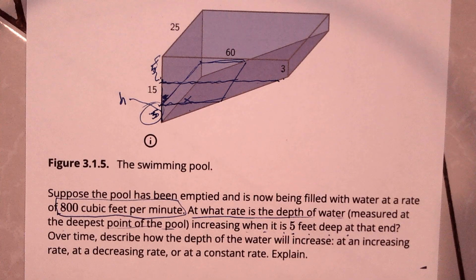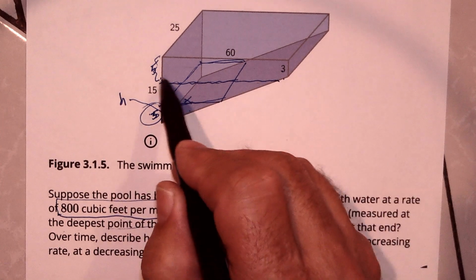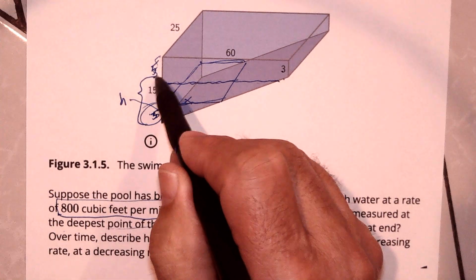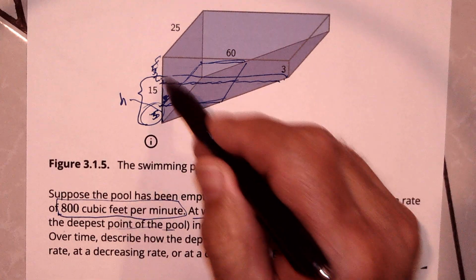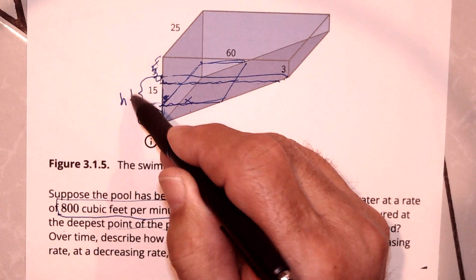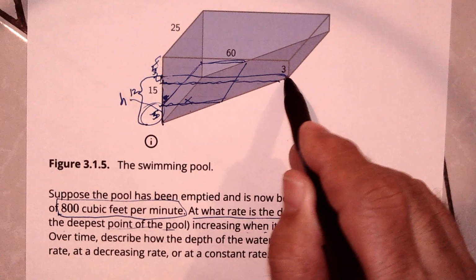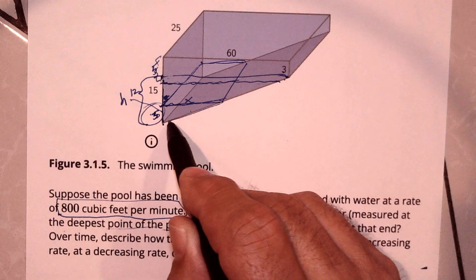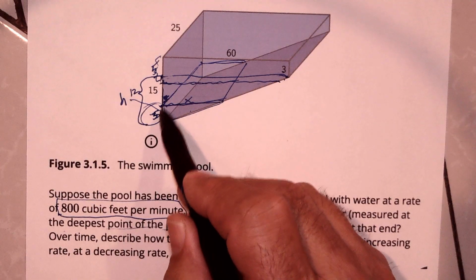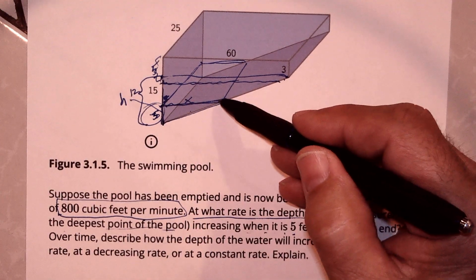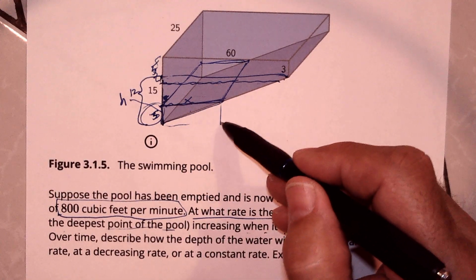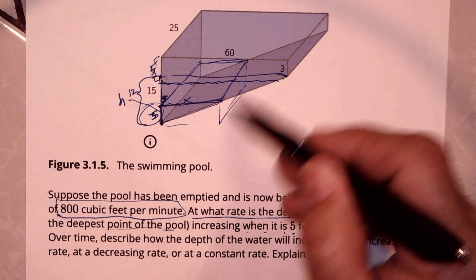So we have similar triangles here. At 12 feet it's 12 feet deep. It goes right to the bottom there, and that's the same shape as this triangle. And we need to find the volume of this. We need to know the height, the width, and this depth, and we're going to take half of that, because that's half of a box.